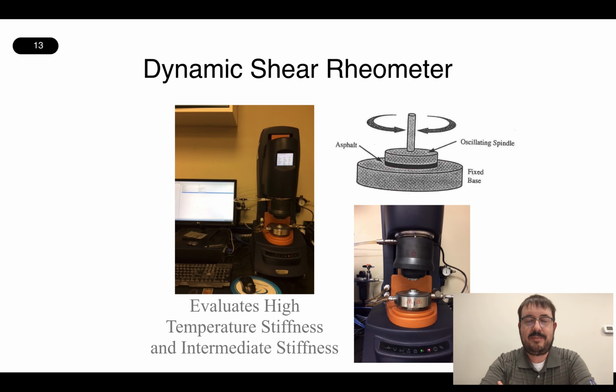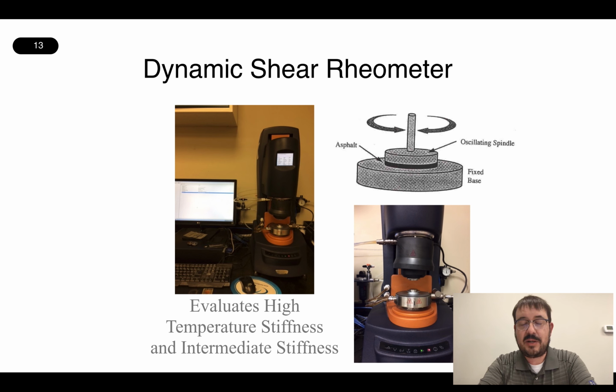And after that asphalt is aged, we use a dynamic shear rheometer to evaluate the high temperature stiffness as well as the intermediate stiffness of the asphalt binder. We want to ensure that the asphalt binder has sufficient stiffness to minimize the risk of rutting in the pavement.